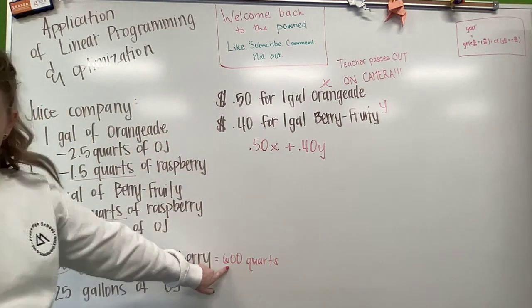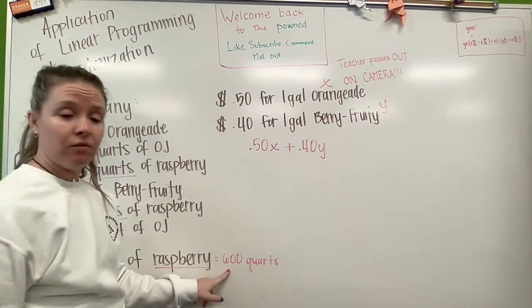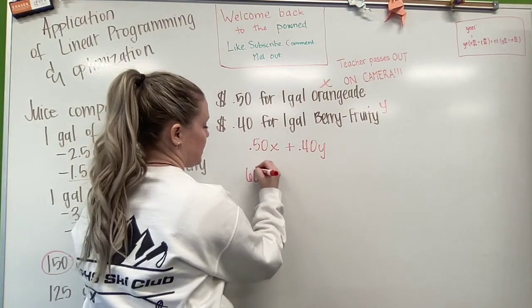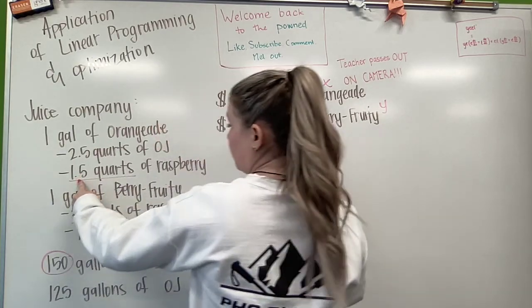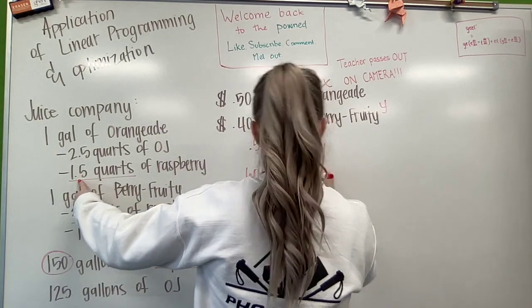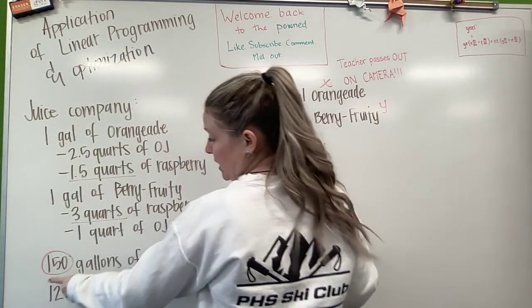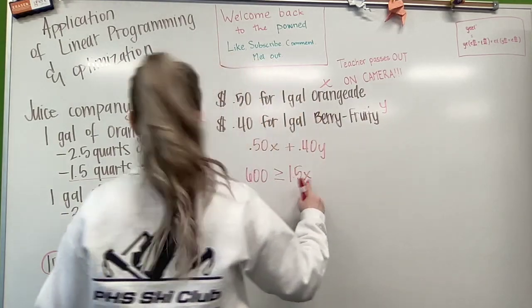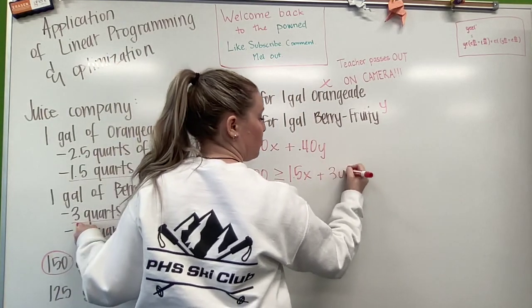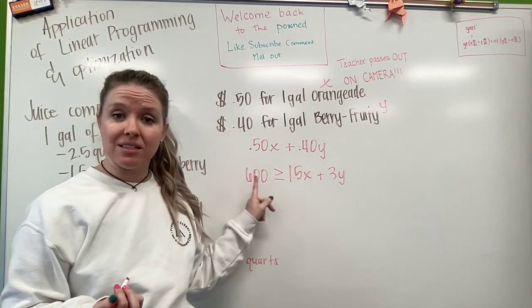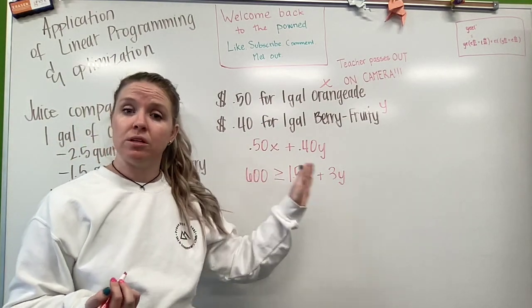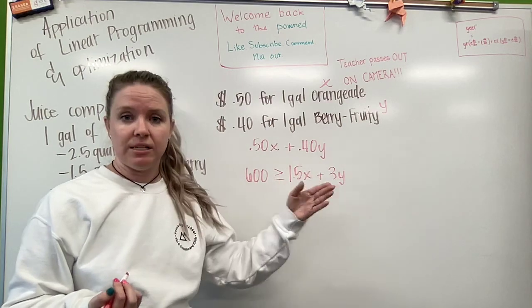So I can use up to 600 quarts of raspberry. That's going to be 600 is greater than or equal to 1.5x, since we use 1.5 here, plus 3y, since we use 3 for raspberry. So I can only use the 600 quarts of raspberry juice, and they each take this much.